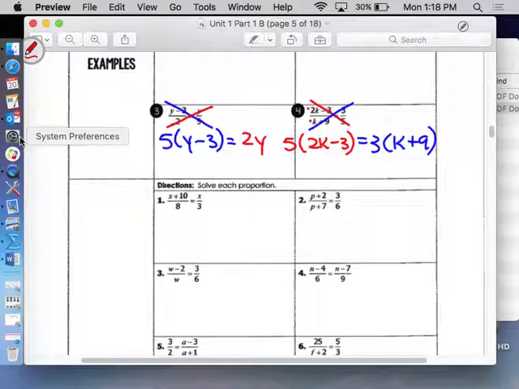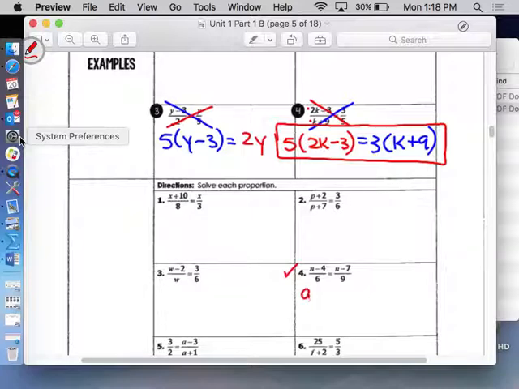I made this video for the sole purpose of making sure that you understand that the fraction bar is a grouping symbol, and when you take the fraction apart to solve the proportion, you need to keep whichever piece, numerator or denominator, that little expression fell into in parentheses and use the distributive property as you solve. I'll set up number 4 with you since it's on view in the video.